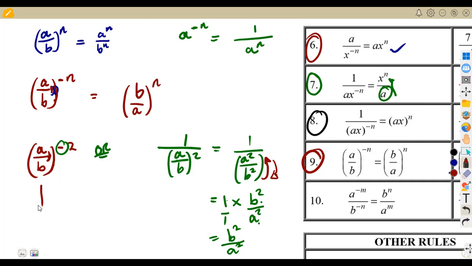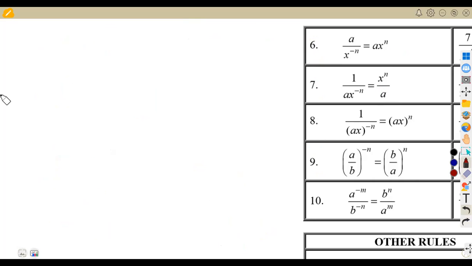So as we can see, we are obtaining the same answer as what we got from the previous way, where we just changed this using this law to say it is the same as you just interchange directly inside b over a, then this becomes a +2, which gave us b squared over a squared. So as you can see, you're obtaining the same answer, but this one we are taking from this law. As long as you are using your laws, guys, you are going to have the same answer.